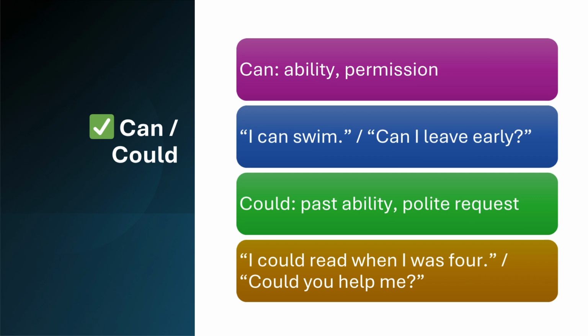And on the other side, could is for past ability, like when you're talking about something in the past. And we also use could to make a polite request. For example, I could read when I was 4. Now I'm talking about when I was 4, so it's past ability.